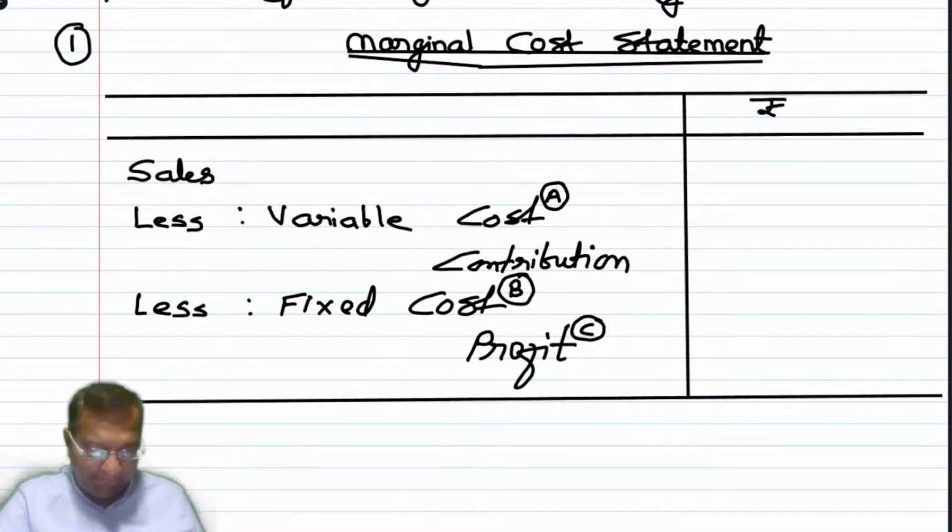Please write down point number A. All types of variable costs will be covered, including variable selling and distribution overhead.